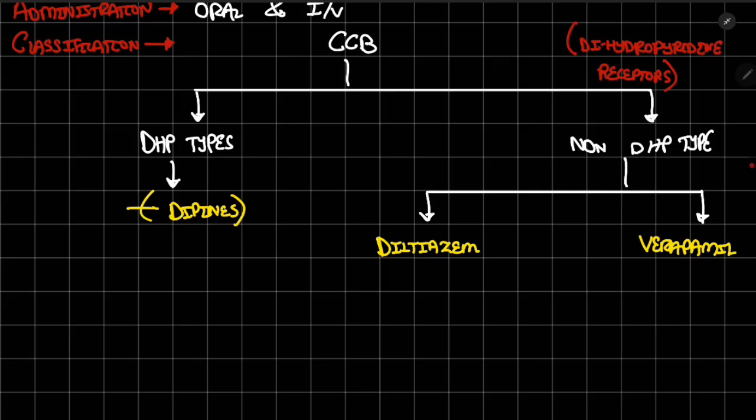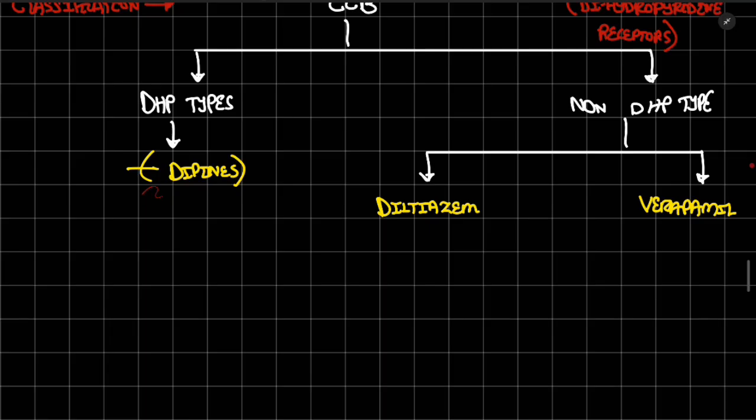Now, you will know the uses, but first you should know where the DHP receptors are present. They are present on the blood vessels, on muscles, and also on the heart. The DHP types, or the dipines, act only on blood vessels.